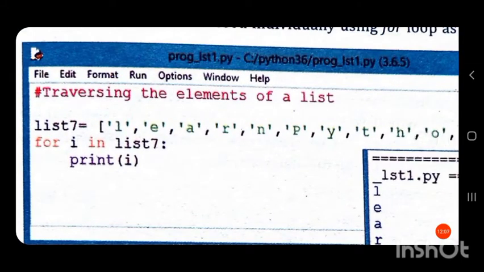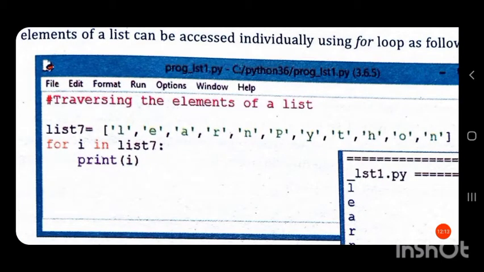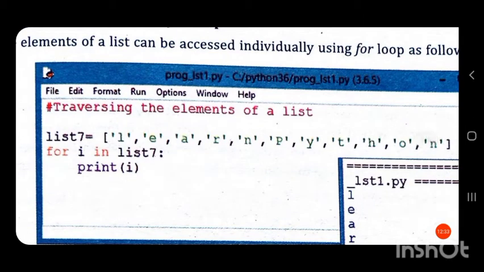For I in list7, the control variable I will first have the value L. The in operator will assign the first value in list7 to the variable I.